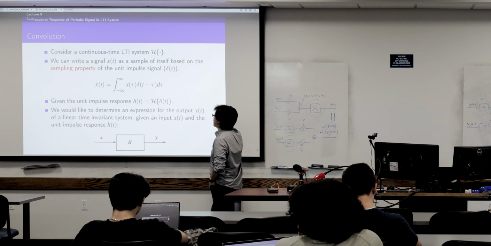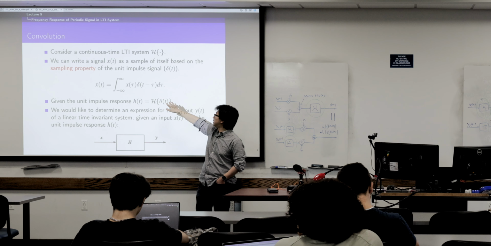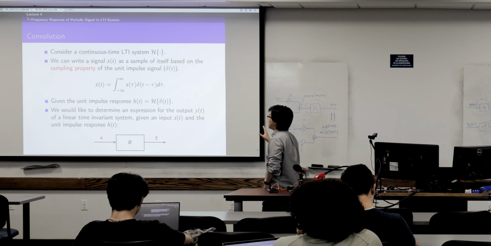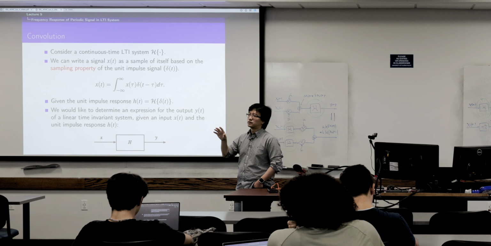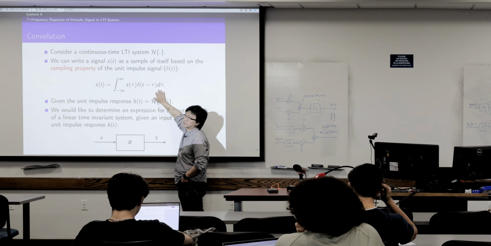We start from this equation. As you recall, this is exactly the sampling property of a delta function. The only difference here is that we use this on the signal itself. We have x here and x here, but this x is nothing but a coefficient. If you compare with the formula we have seen before, this is the sampling property of the delta signal.